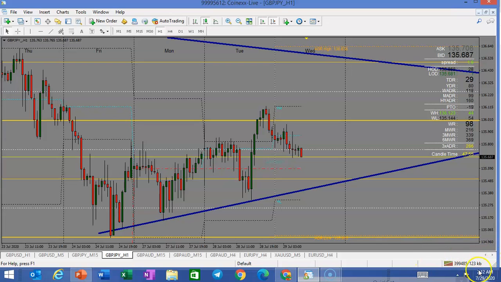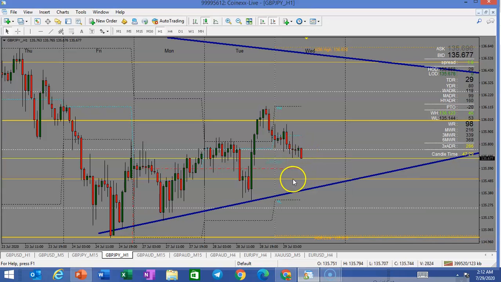We are right at the open of our London session, and what I want you traders to get in the habit of doing is always looking for a 25 to 50 pip stop hunt, up or down, before the actual move takes place.